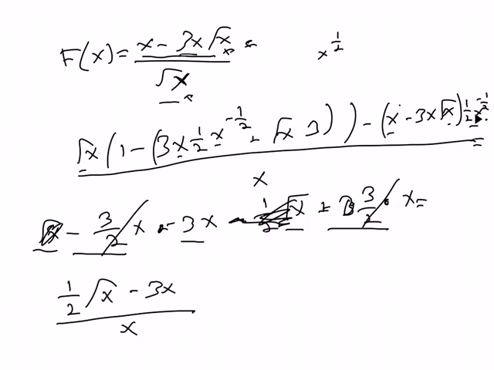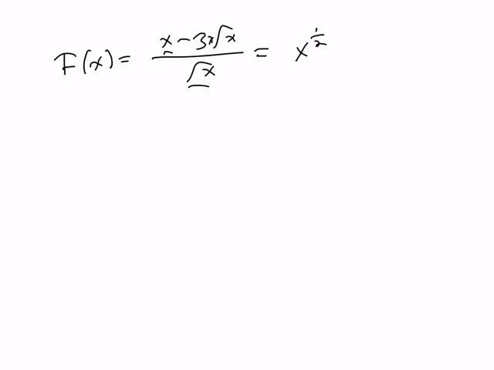So now let's do this by simplifying everything first. Maybe I'm just going to do this in this one. So again, we have f of x is equal to (x minus 3x square root of x) over the square root of x, and by simplifying, what I'm going to get is x to the a half, because that and that are going to cancel and give me a half.